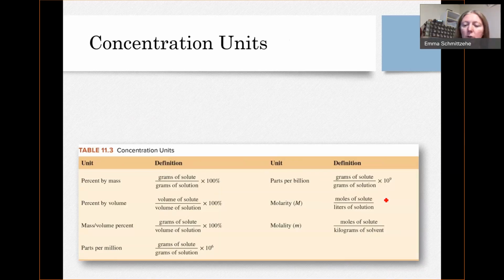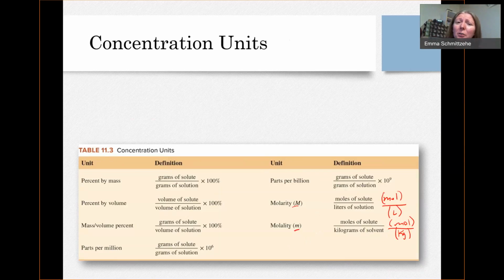That's the unit over here, moles over liters. And when you take moles divided by liters, the unit is a capital M. Whereas for molality, it's moles of solute over kilograms of solvent. So it's moles per kilogram. And that ends up getting a unit that's a lowercase m.